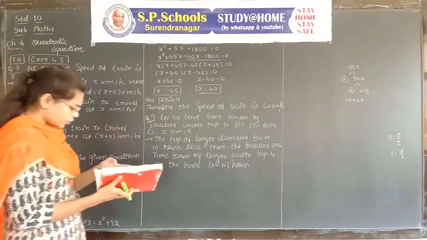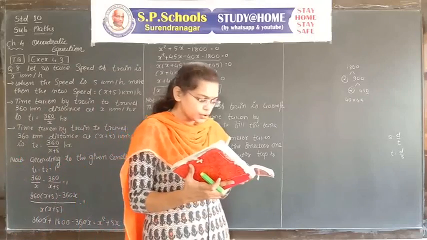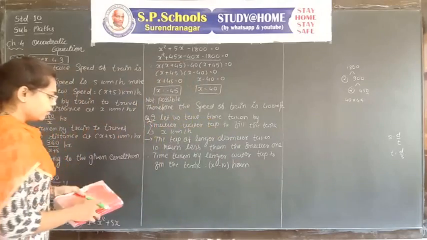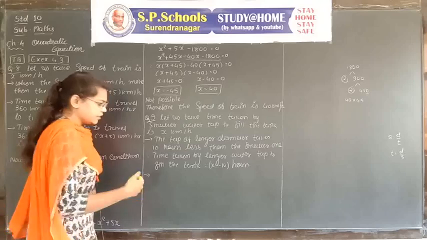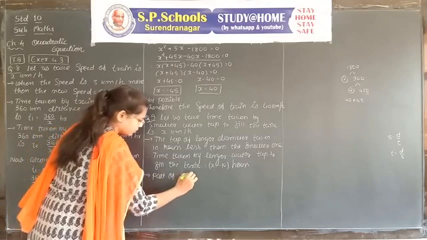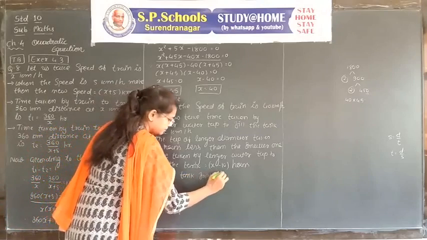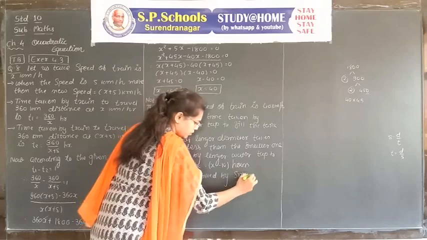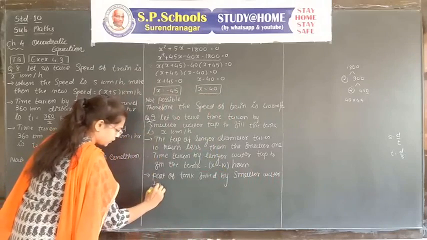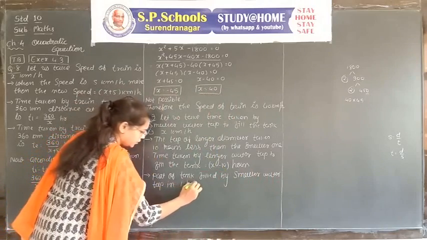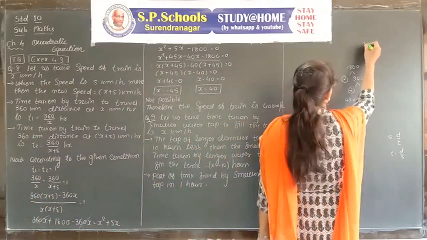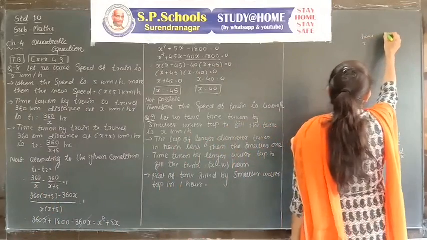Now, according to the question, the first sentence says that two water taps together can fill the tank in 9 integer 3/8 hours. Now we find the part of the tank filled in 1 hour. Part of the tank filled by the smaller water tap in 1 hour: x hours is taken by the smaller water tap to fill the complete tank.